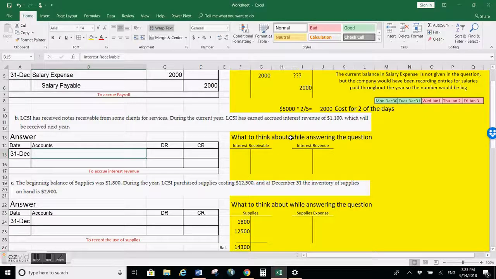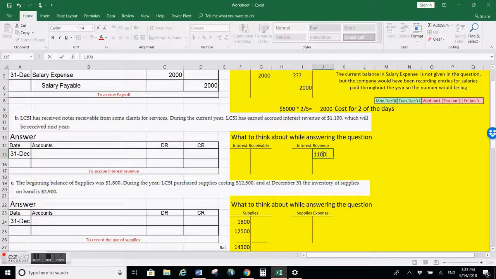All it means is that something's happened, but no money has changed hands. What's happened in this case is we've earned interest revenue. We've basically loaned some customers some money or our service, and they've agreed to pay us interest in return for not paying straight away. So we have earned that revenue. We just haven't got the money yet.